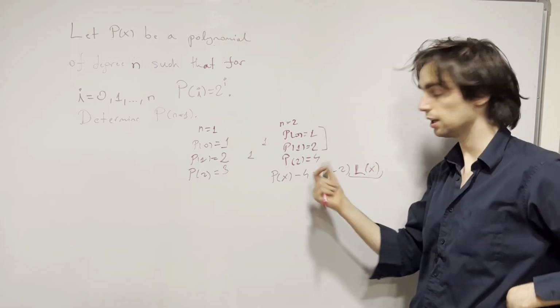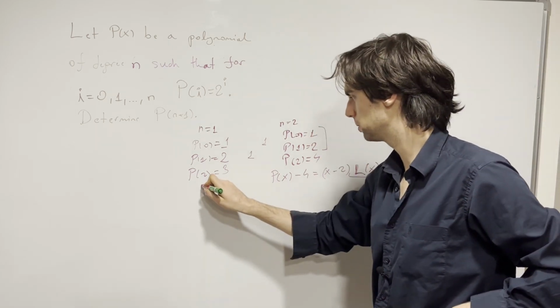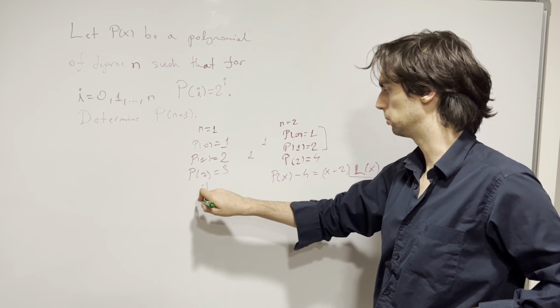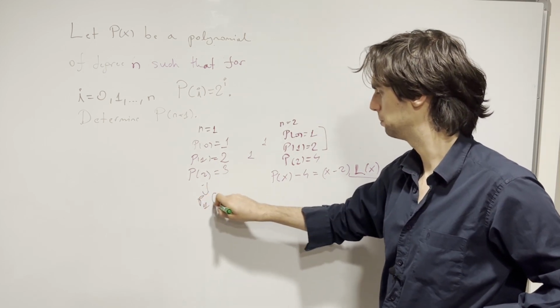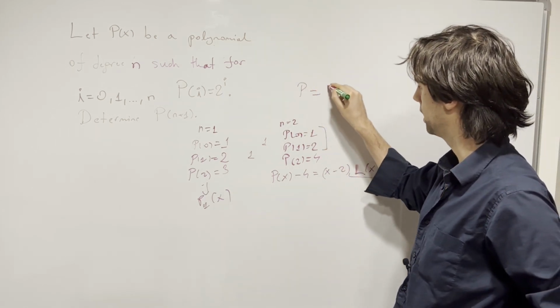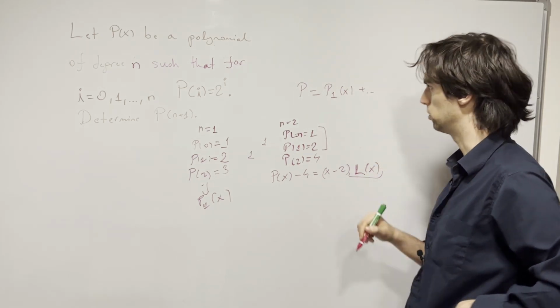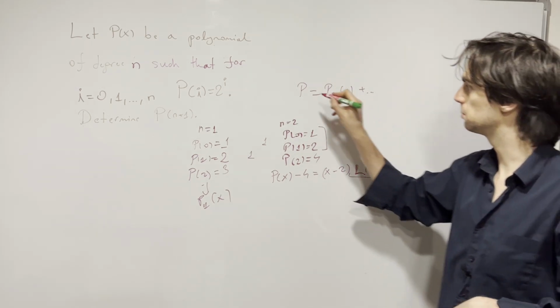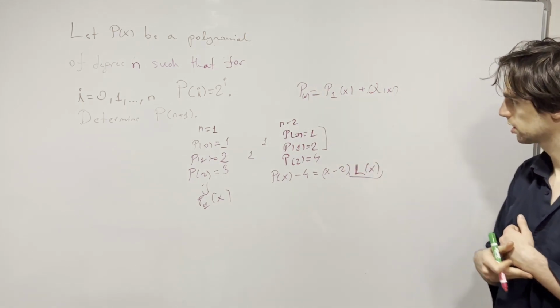And here's the solution. Look, you have this polynomial, let's call it p1 of x. Well, if you write p as p1 of x, and then you want to add something to it, p of x as p1 of x plus some other polynomial, q of x.